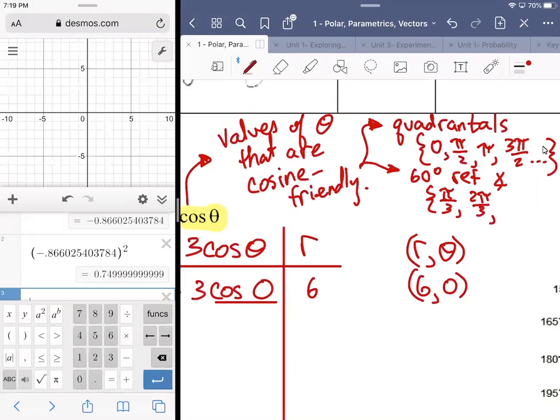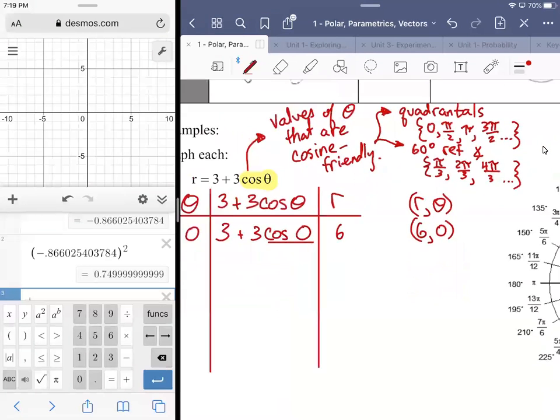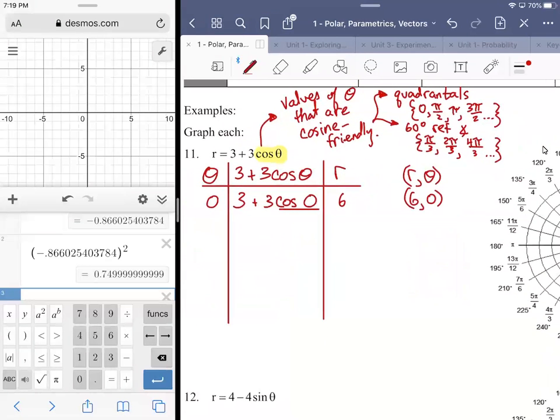That's pi. 4 pi over 3, and so on. Yeah, because those are the ones that are going to give you, you know, you think about cosine 60 degrees, that's equal to 1/2. So that's going to give you some type of 1/2, whether it's positive or negative. Those are the ones you kind of want to steer towards.